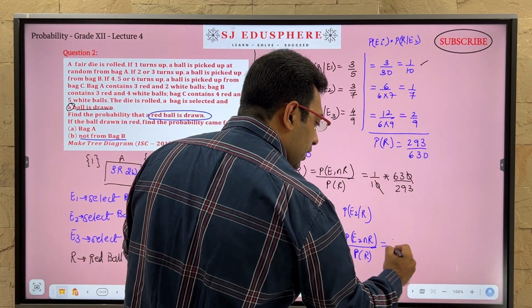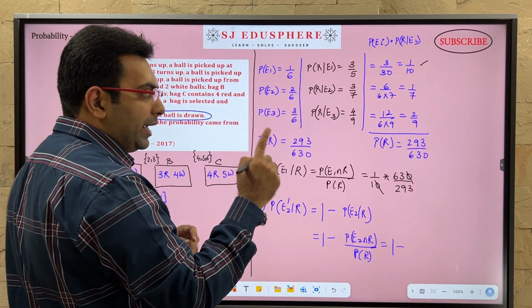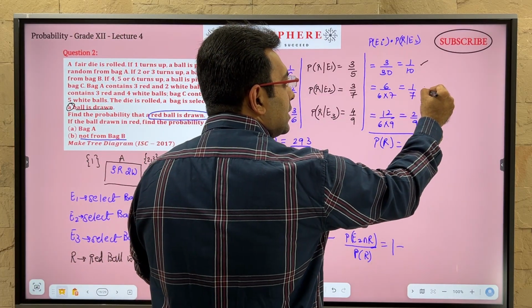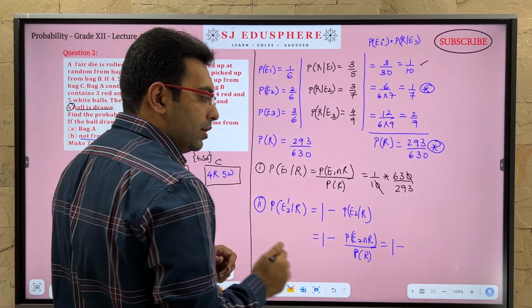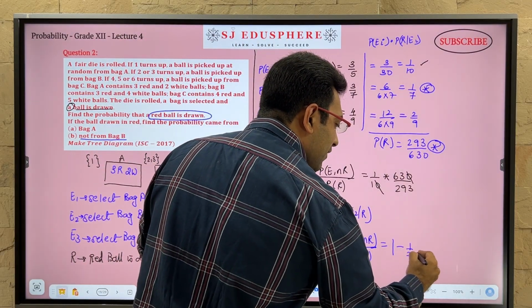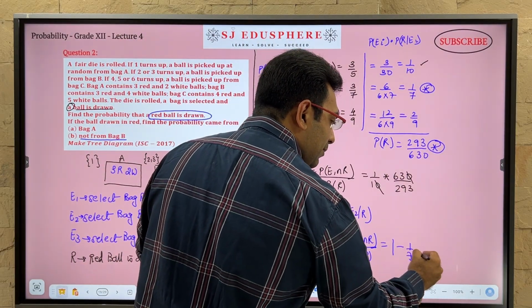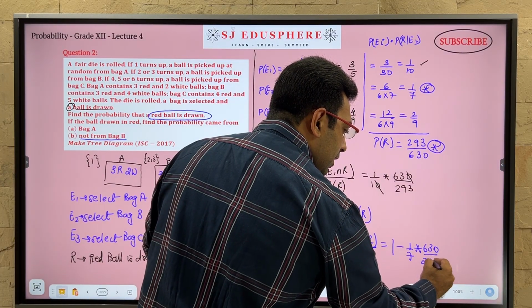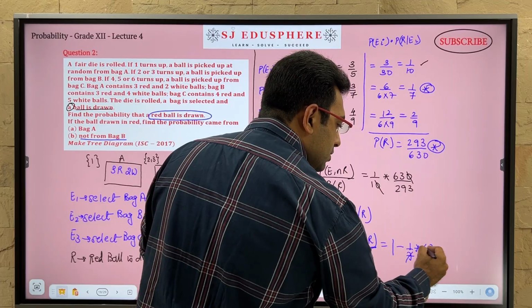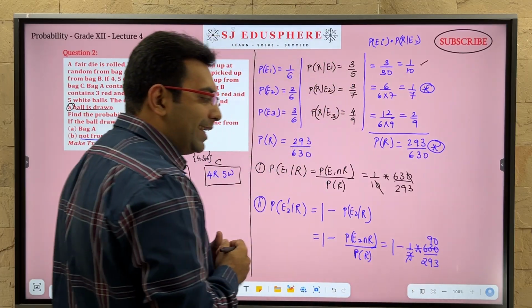That gives me 1 minus E2 intersection R, which is this answer, divided by this answer. That means 1 by 7 divided by 293 by 630 is 630 by 293. So 7 goes over here 90 times.